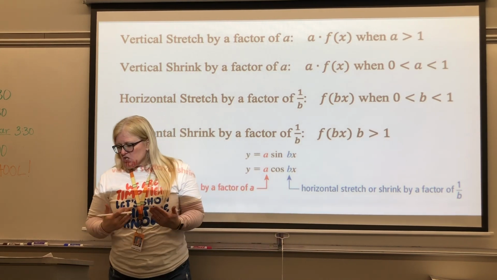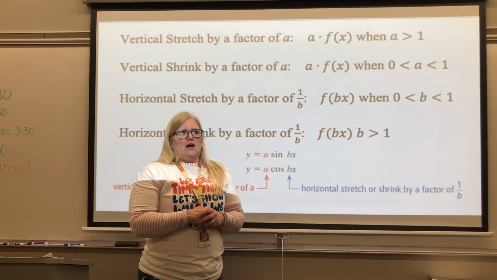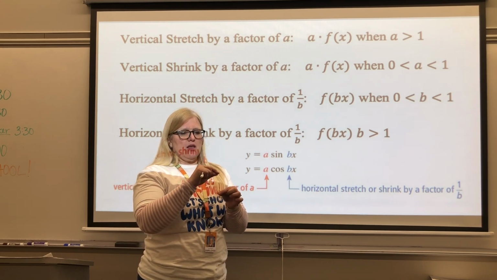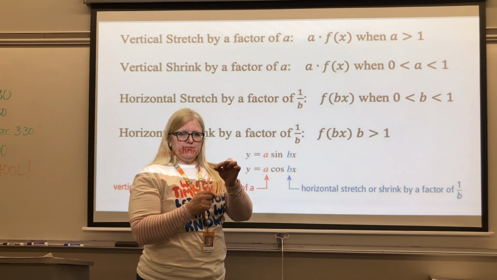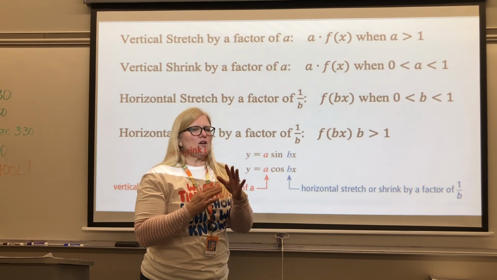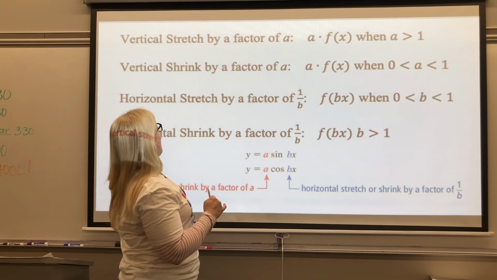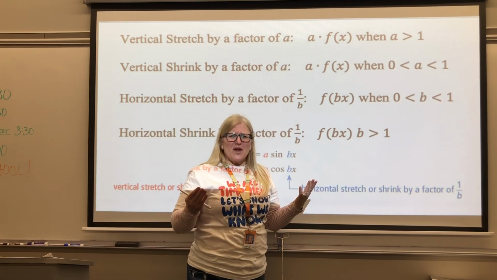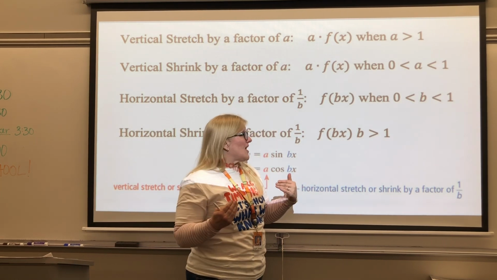Now, horizontal stretches and shrinks, a little bit different. You take the reciprocal, and the reciprocal tells you what's really happening. And I know that that's weird. But it says a horizontal stretch by a factor of 1 over b. Well, that seems weird. 1 over b doesn't sound like a stretch to me.